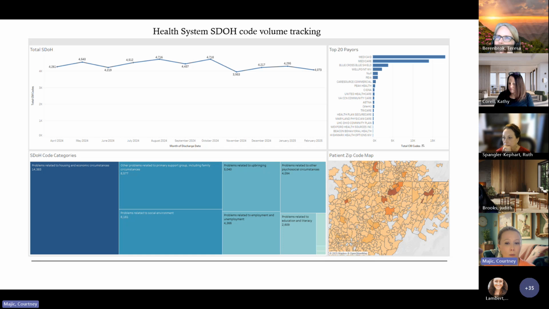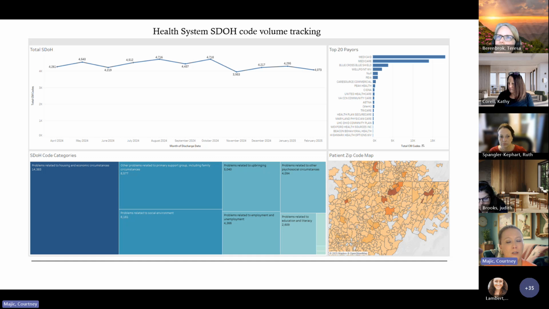When she runs the report, she looks to see, are there any spikes in certain codes? And we have found a couple of areas where the code was not being used correctly, and it was kind of giving that group of patients a false diagnosis, if you want to say that.